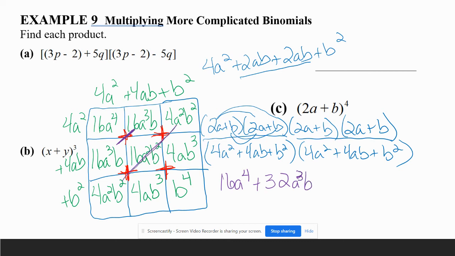These three are like terms because they're all a squared b squared. It's all lined up diagonally. Super nice. So 4 plus 16 is 20. 20 plus 4 is 24. A squared b squared. These are like terms. ab cubed, so 4 plus 4 is 8 ab cubed. And then b to the 4th.